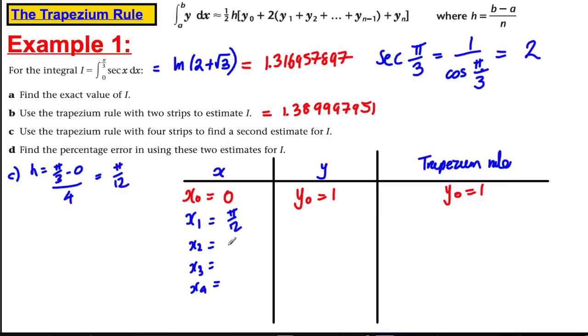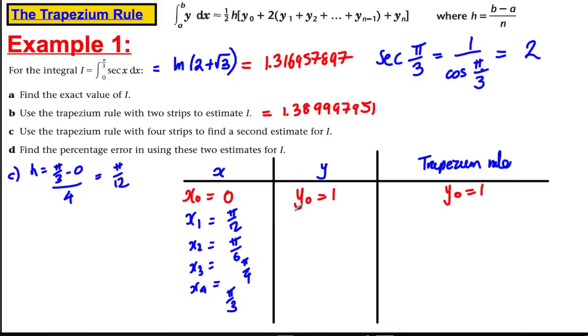The next one's going to be pi by 6, pi by 12 plus pi by 12. The next one's going to be pi by 6 plus pi by 12, which is going to be pi by 4. And the last one's clearly going to be pi by 4 plus pi by 12, which is obviously going to be pi by 3.